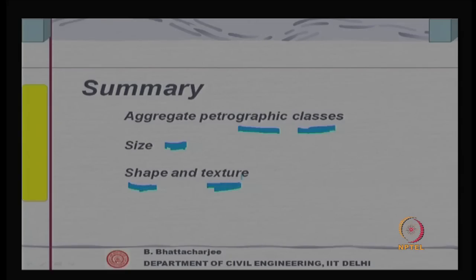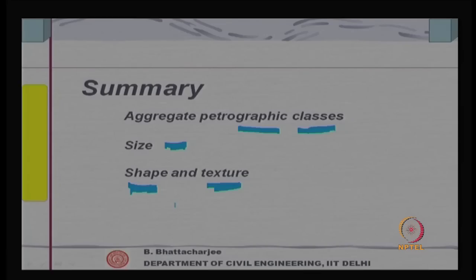Then we have looked into the size, how do you define them, but the influence of size, how it is important in concrete, that we did not look into, and what are the shape and texture, that is what we looked into. So, in the next class we will look into how they are relevant. Shape, of course, we have already mentioned that packing would be better with rounded shape, and we will look into the issue of size and their relevance in concrete. One important thing is, it is relevant in concrete because better the packing, less paste I will require.